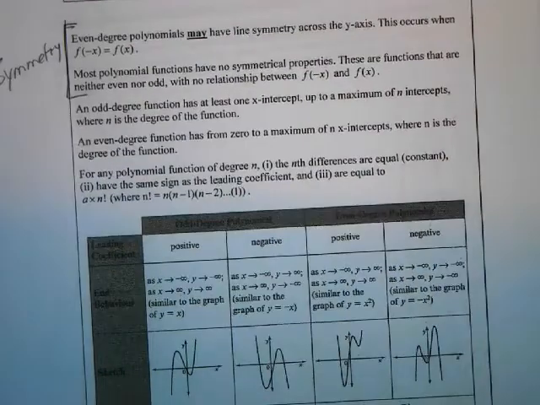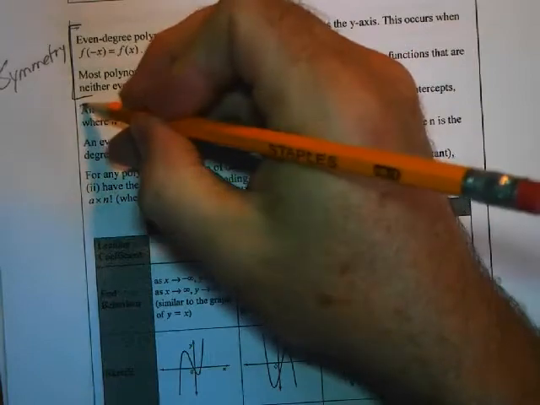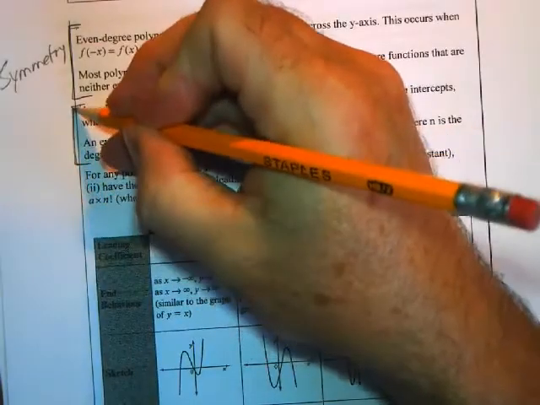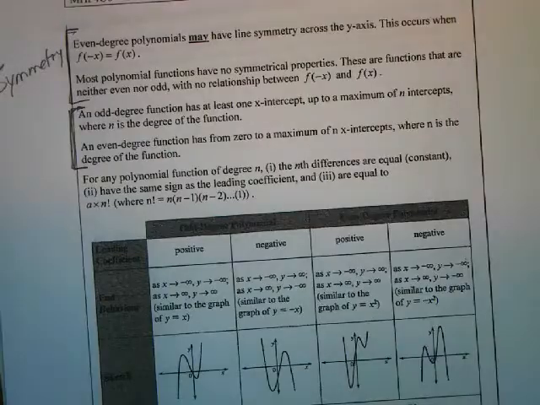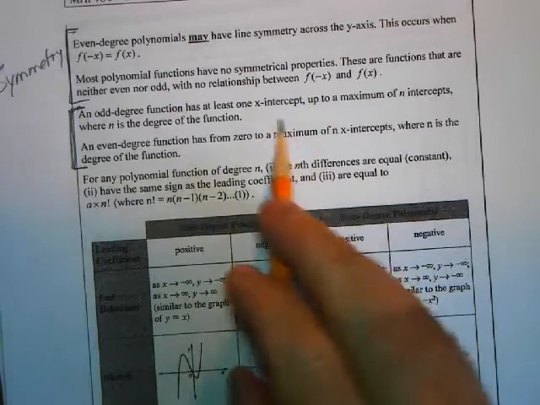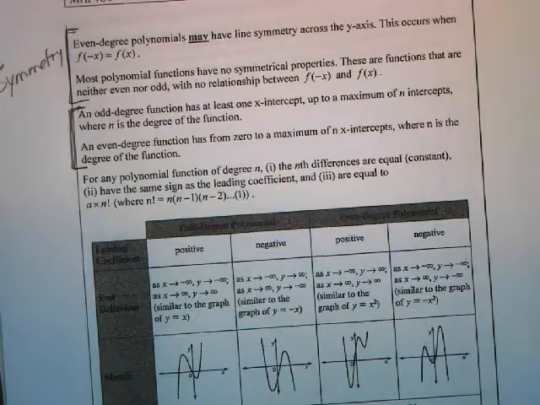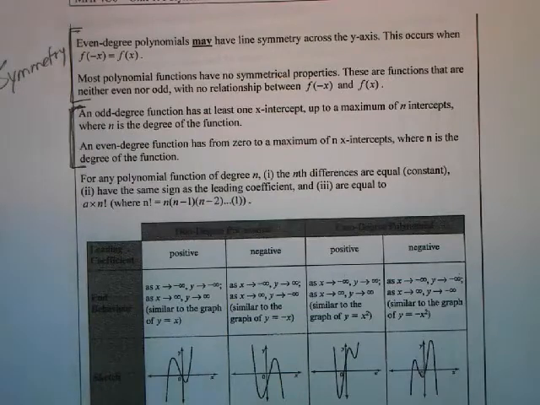The next two have to do with x-intercepts. Remember, we have a few words for x-intercepts, and you're going to see this show up in homework questions, the textbook, and other videos.